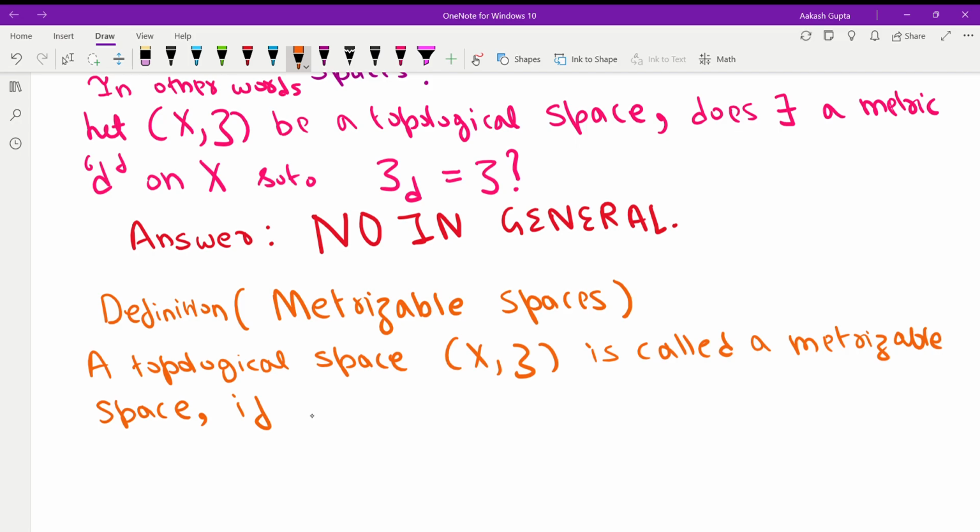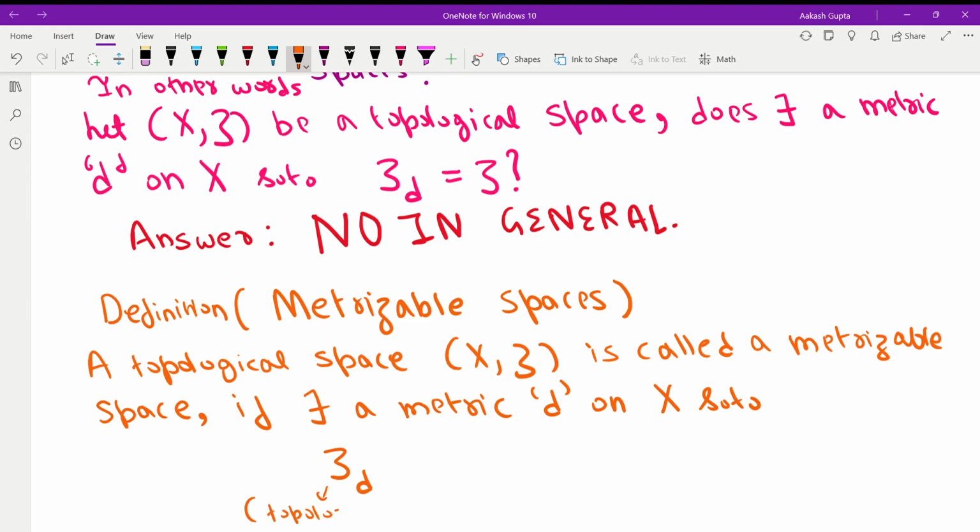Basically, guys, it's the same thing as the question I have phrased above. So if there exists a metric d such that tau d, the topology induced by the metric, I can call it, right?